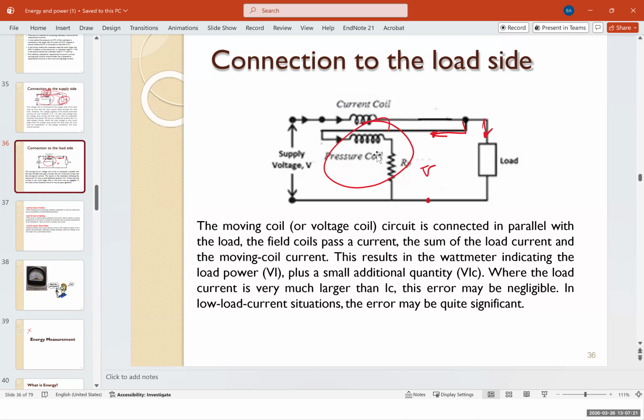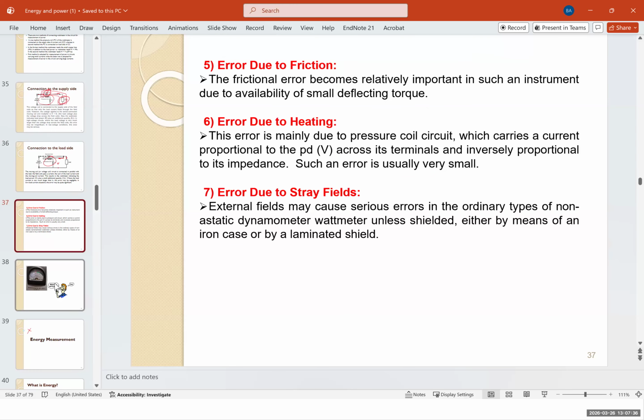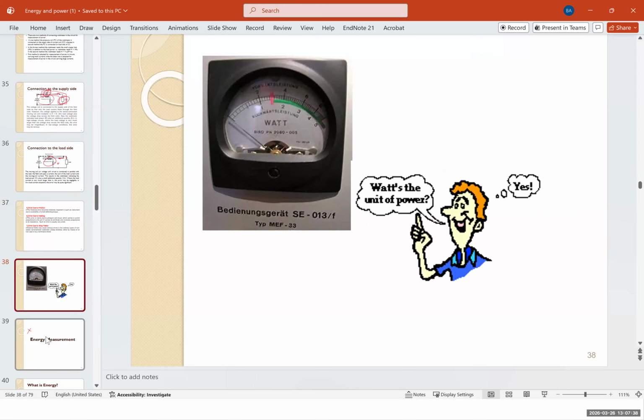Depending on the configuration, we're going to have some error, obviously, because neither the ammeter nor the voltmeter is going to be ideal. We have some losses in the system, and we can actually measure those losses in our ammeter. And we have different errors that I mentioned in measuring power as well.